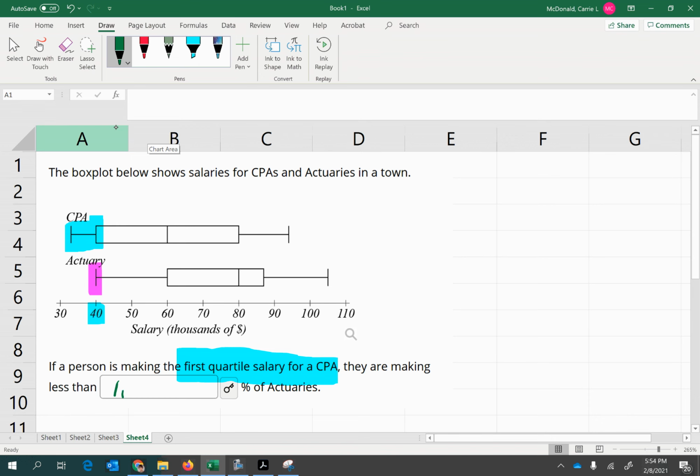So we're going to say 100% of actuaries, right? So a person who is making $40,000 a year is making more than 25% of the rest of the CPAs, while someone making that same salary is actually making less than all of the actuaries. Okay, 100%.